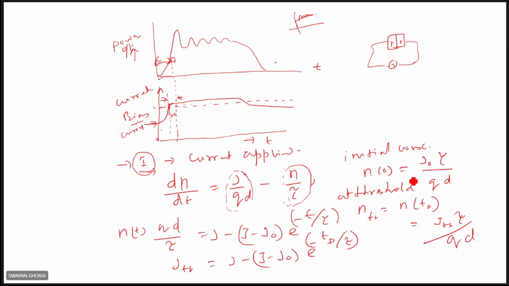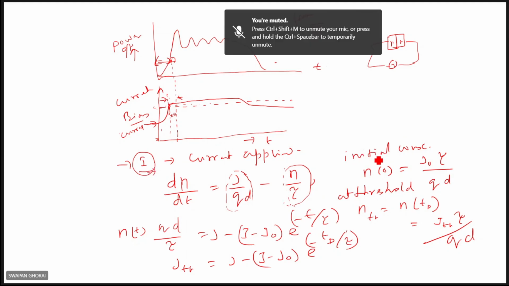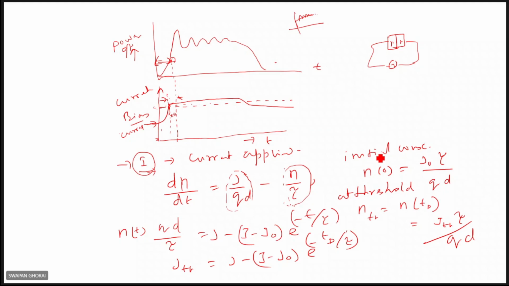After application, when you apply the current, it will reach a value I, the current applied above bias. At threshold, the excess carrier will be N threshold, at time TD, which is J threshold τ/(qd). These are the initial conditions.